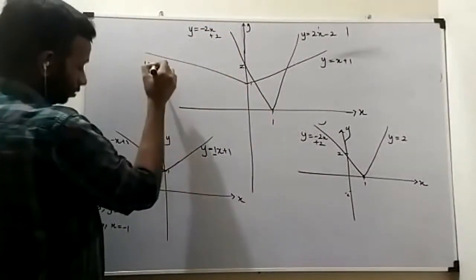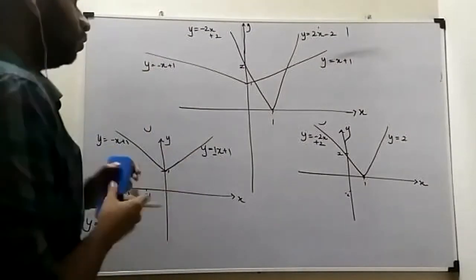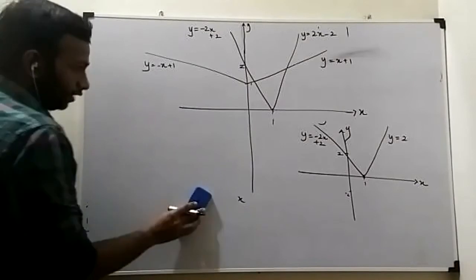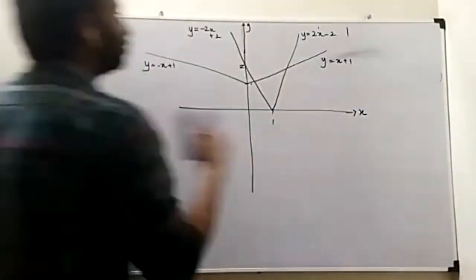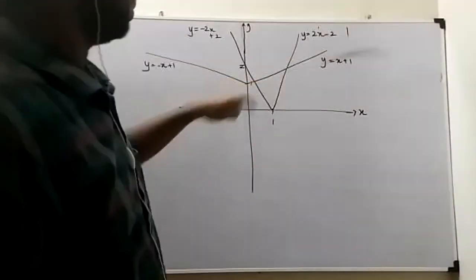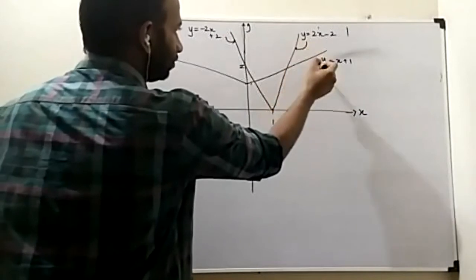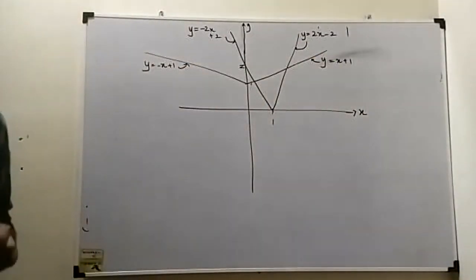Y equals minus x plus 1. So yeah, that's the first part of the question. We need to sketch those two graphs and then sketch those two graphs in the same graph. So we've done that, and we've written the equation for all the values. So this is this graph, this is this, this is this, this is this. Right?